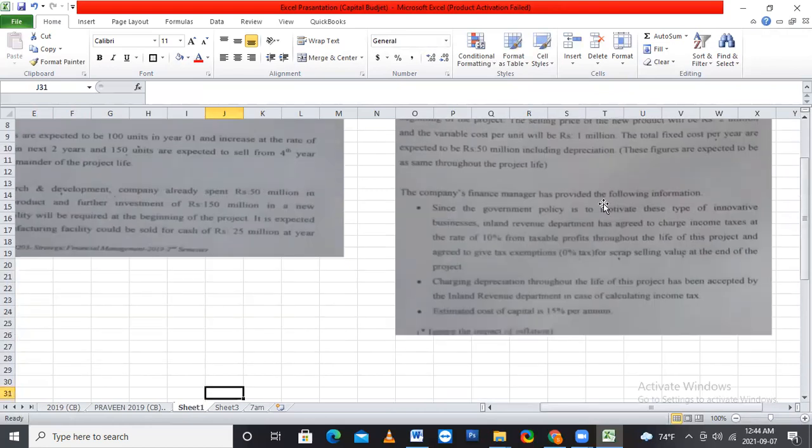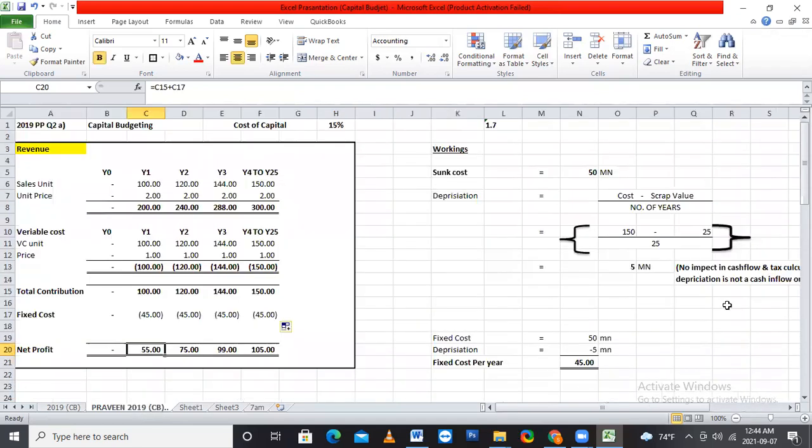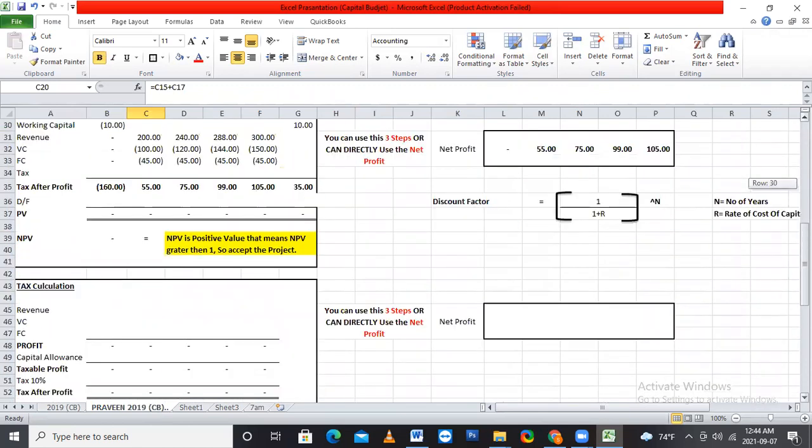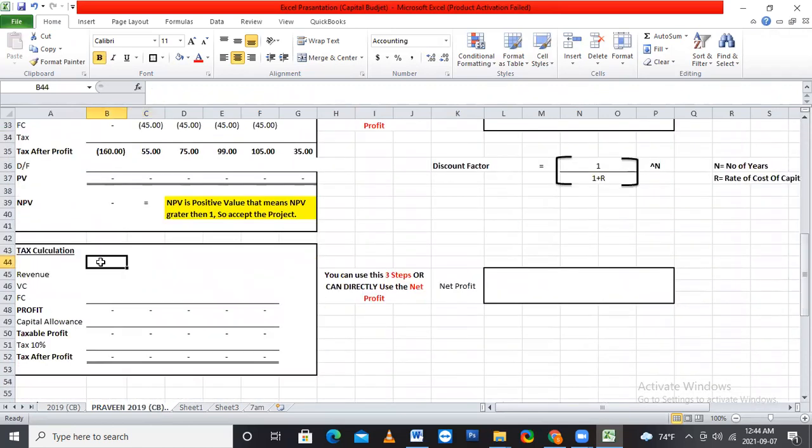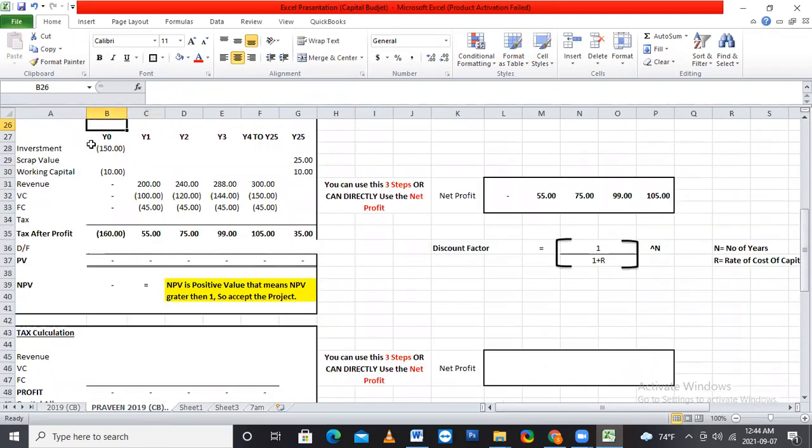After that, they give the information about the tax calculation. Before that, we want to put the information into the tax calculation sheet. Copy.